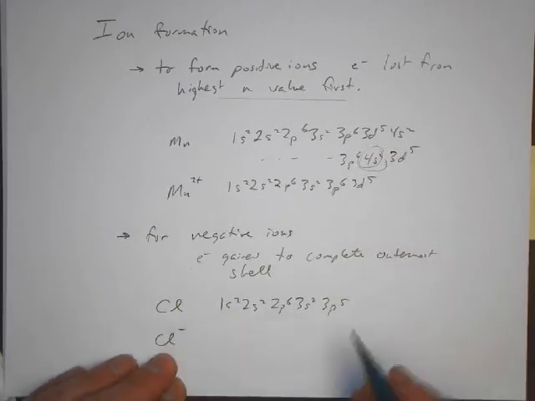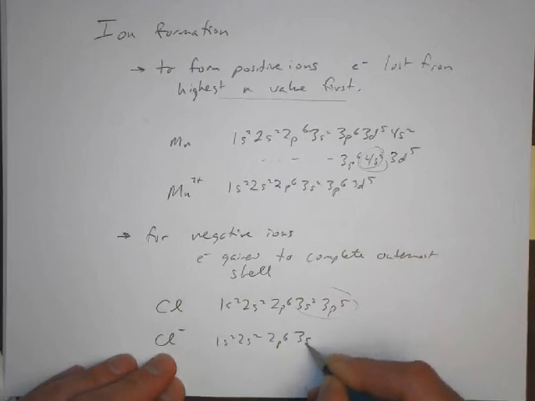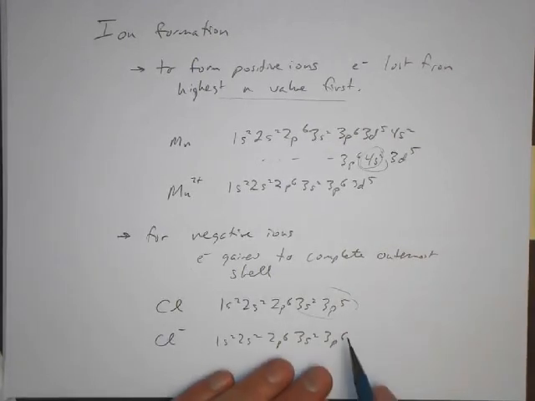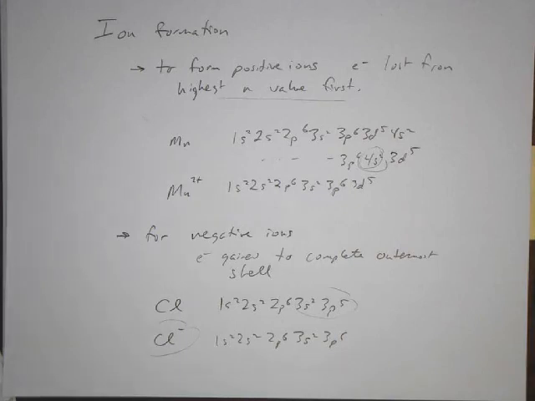We add an electron, completing the outermost shell: 1s2, 2s2, 2p6, 3s2, 3p6 would be the electron configuration for the negative ion. All we've done is add one more electron to the atom, and we found its electron configuration.